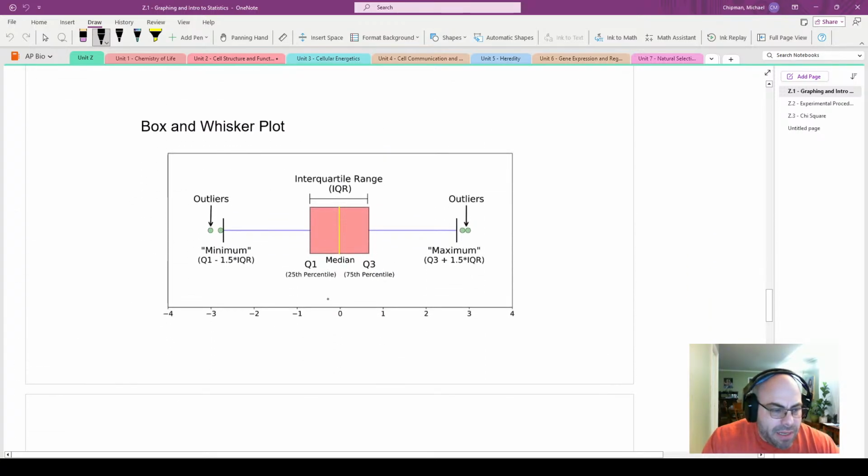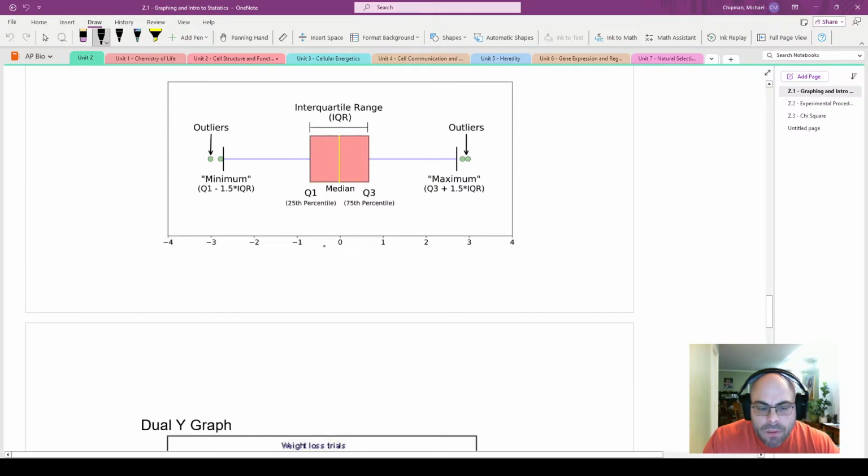Box and whisker plot is one that you might see, but you're not going to have to draw. And it has to do with quartiles, outliers. Infinite Campus used to use these when it would post grades, and it would show you where the median quartile is, and then where the outliers are.